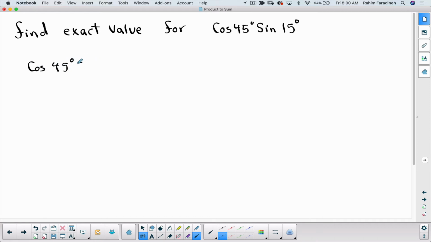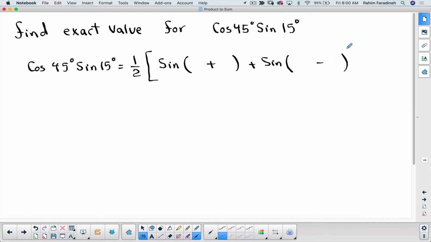The formula that we just found for this one is 1/2 times sine of the sum plus sine of the difference.